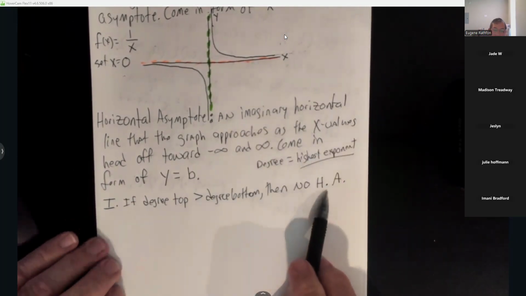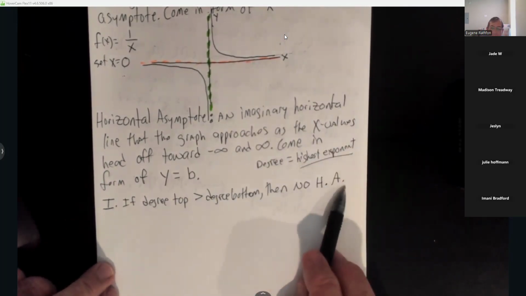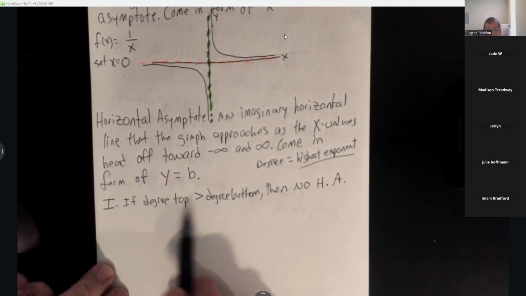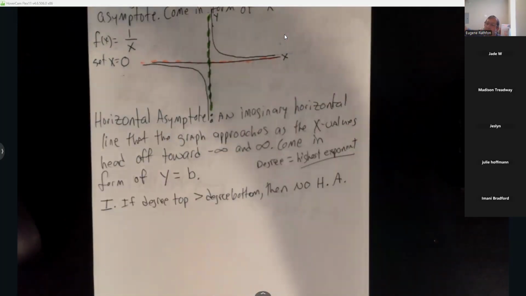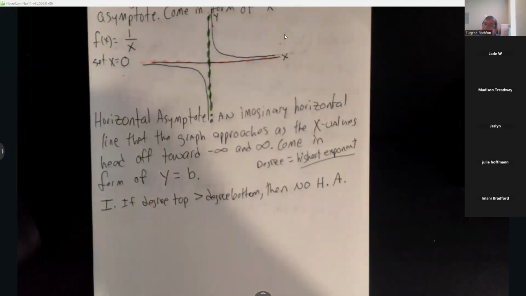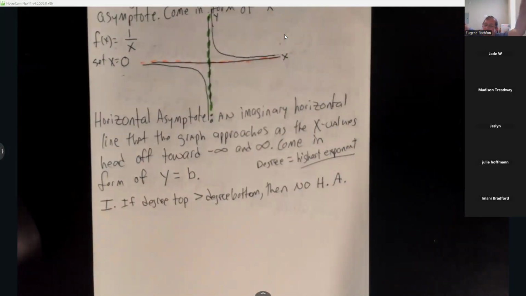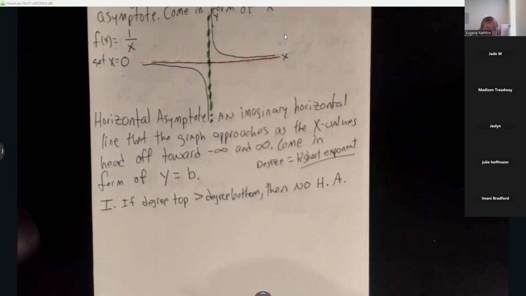So I'm going to use HA to represent my horizontal asymptotes, okay? So if the top is bigger than the bottom, that means the top's growing a lot faster than the bottom. So the graph is headed towards infinity and there's no horizontal asymptote.